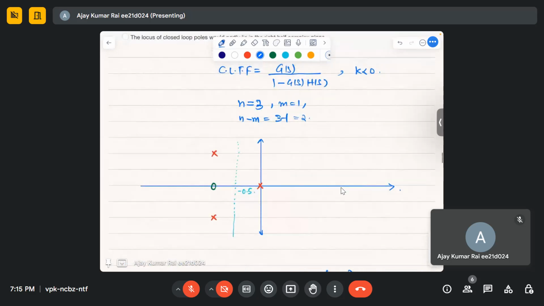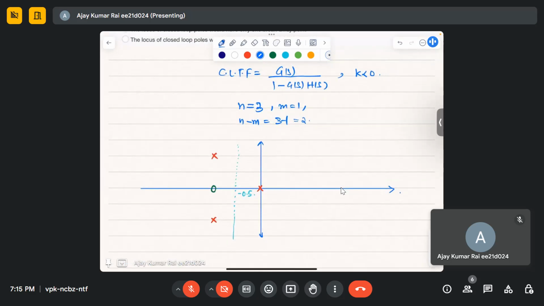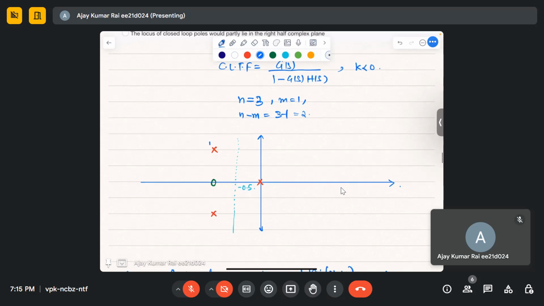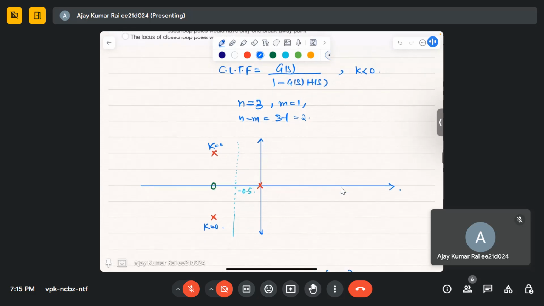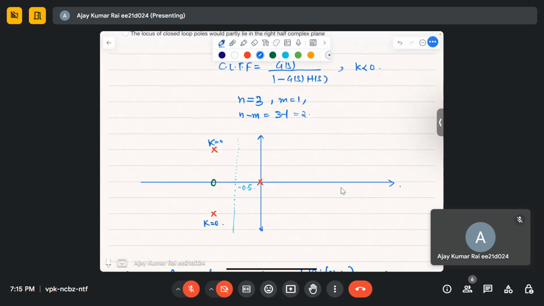But looking at this, so what can you say, like you have k equal to 0 here and k equal to 0 here. Okay, so what can you say, because the root locus only exists between minus 1 and 0, right? It will not be existing in any of the other regions.